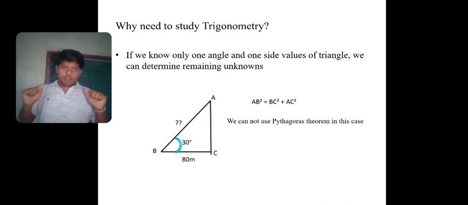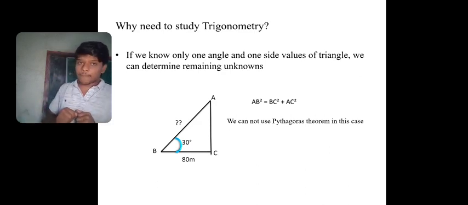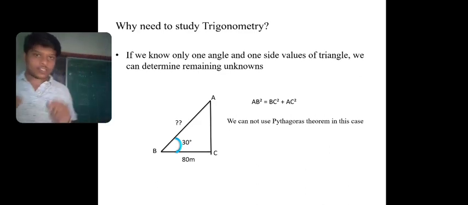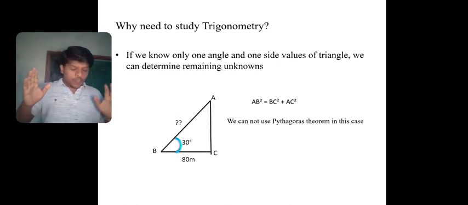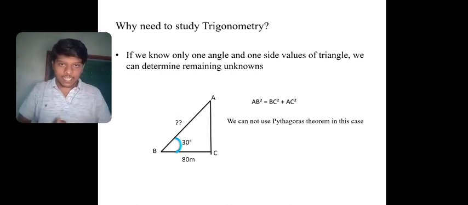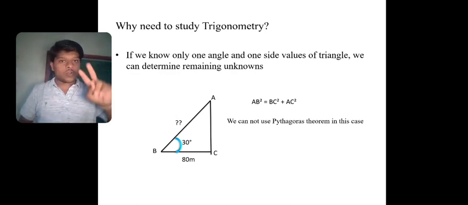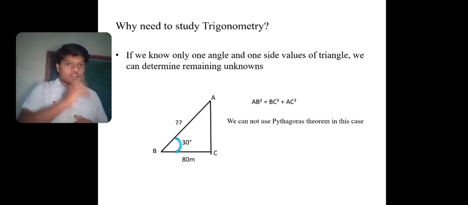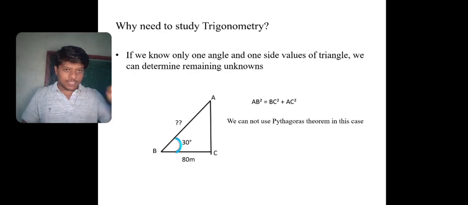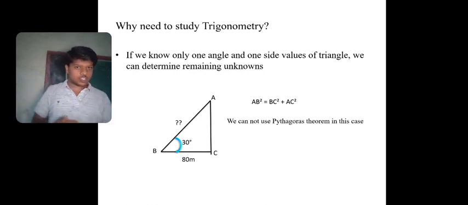Now, why do we need to study trigonometry? Important question you should ask. See, when you have a right angle triangle, suppose you know two sides of the triangle, then you can easily calculate the third side using that formula: AB square is equal to BC square plus AC square.